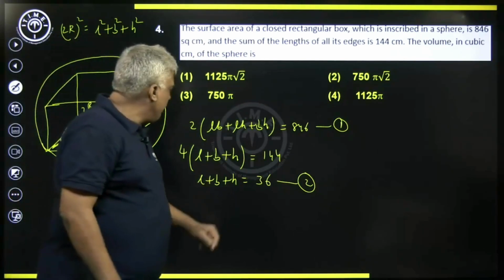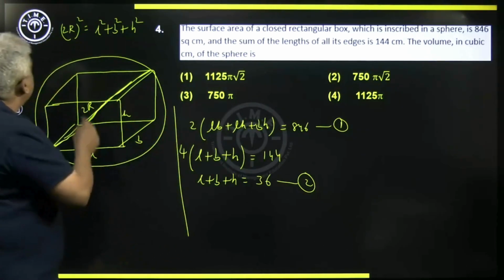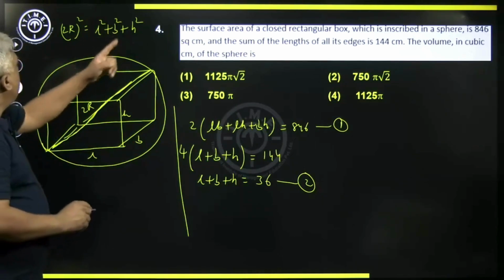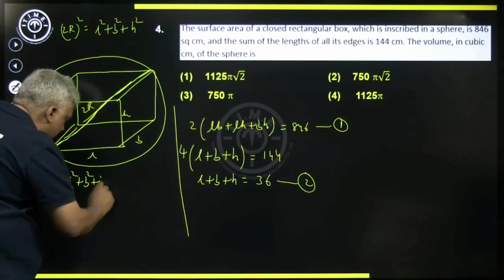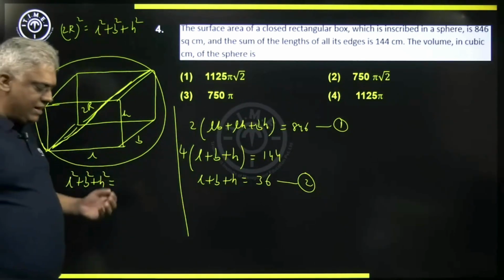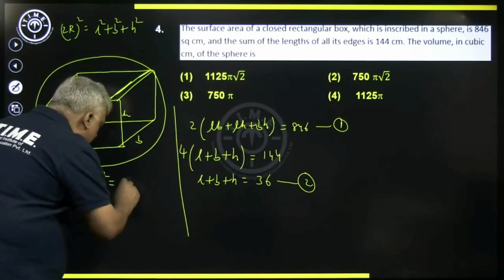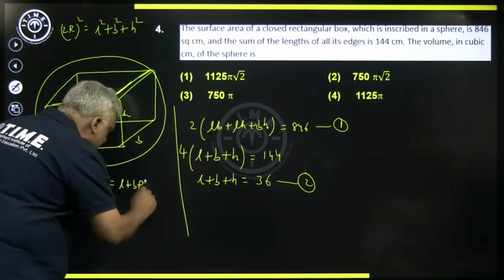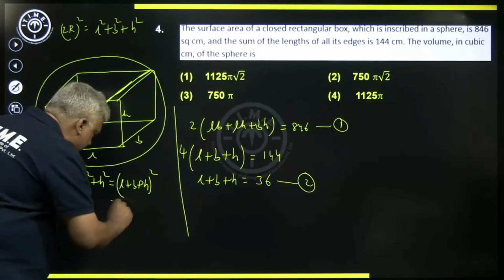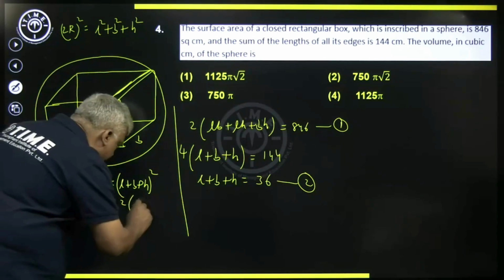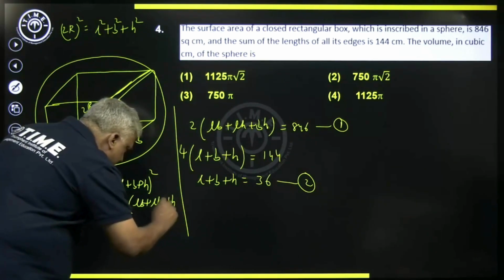L square plus B square plus H square is like a square plus b square plus c square, so we can write it as (L plus B plus H) whole square minus 2 times (LB plus LH plus BH).